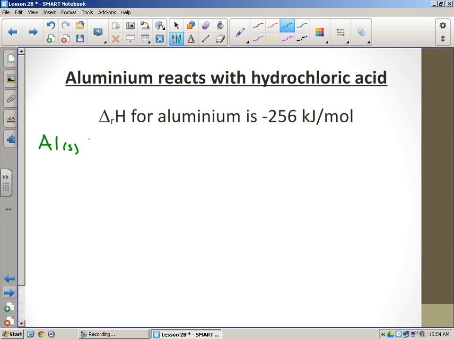Aluminum and hydrochloric acid. So who remembers what hydrochloric acid is? Huh? Hydrochloric acid. HCl? Well, look it up in your data booklet. There's a list of them there for you now. Yeah, it's HCl.